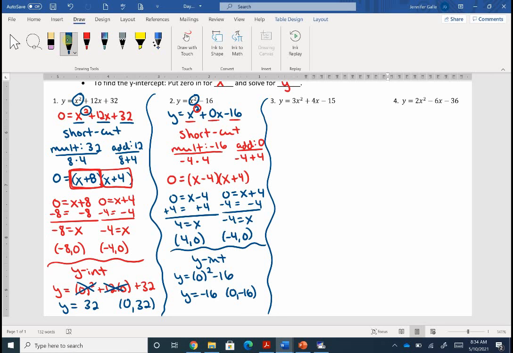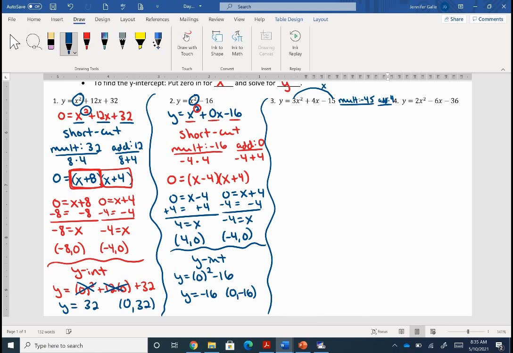Before we do our multiply add trick, we first of all have to multiply the first times the last. So we're going to multiply to get negative 45, and we're going to add to get 4.